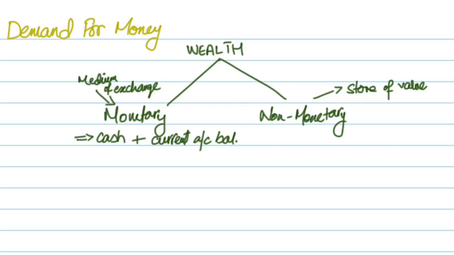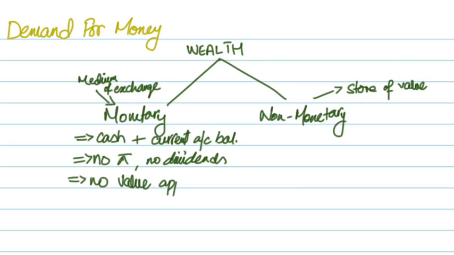So cash and current account balances, this means that there's no gains, no profits, no dividends, basically no returns. And if there are no returns, this means that there is no value appreciation.